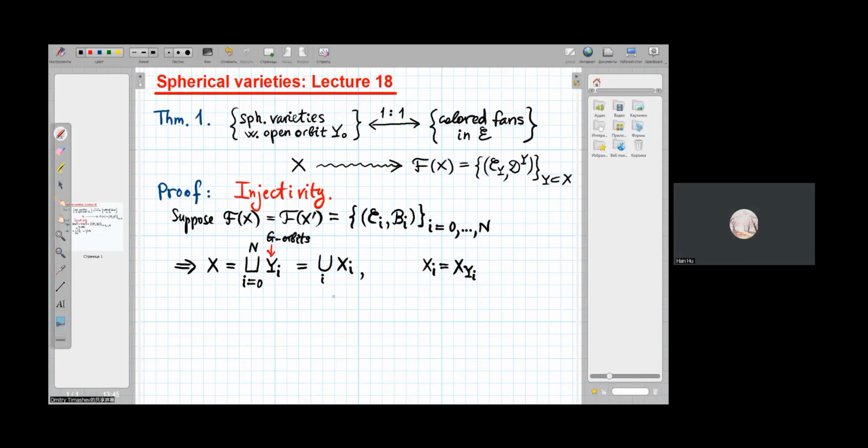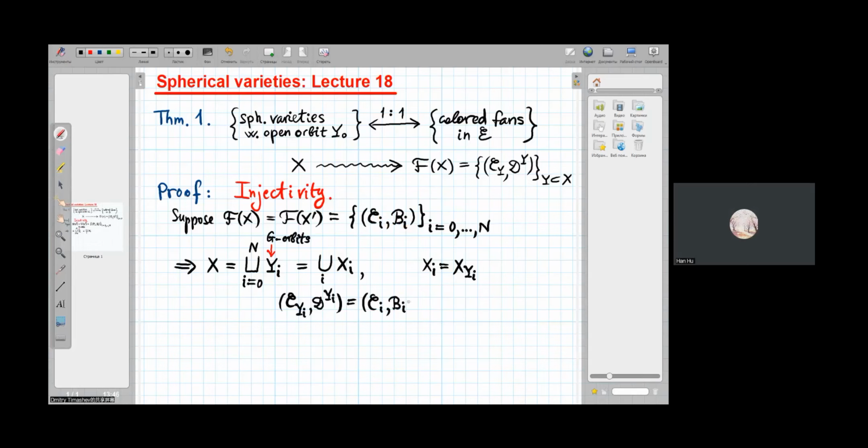For each of these orbits Y sub I, and for each of these simple open subvarieties, the respective colored cone, say C sub Yi, D over Yi, is precisely this one, equal to C sub I, B sub I.